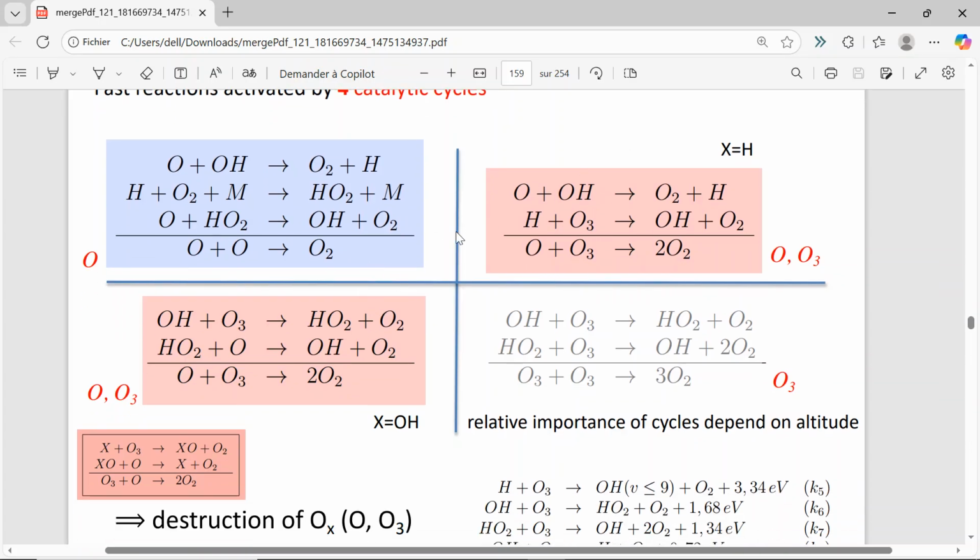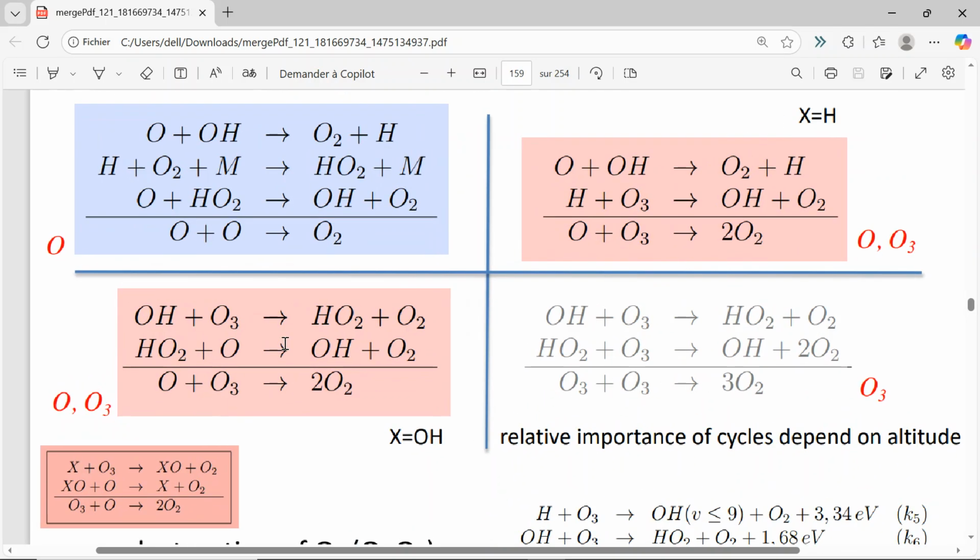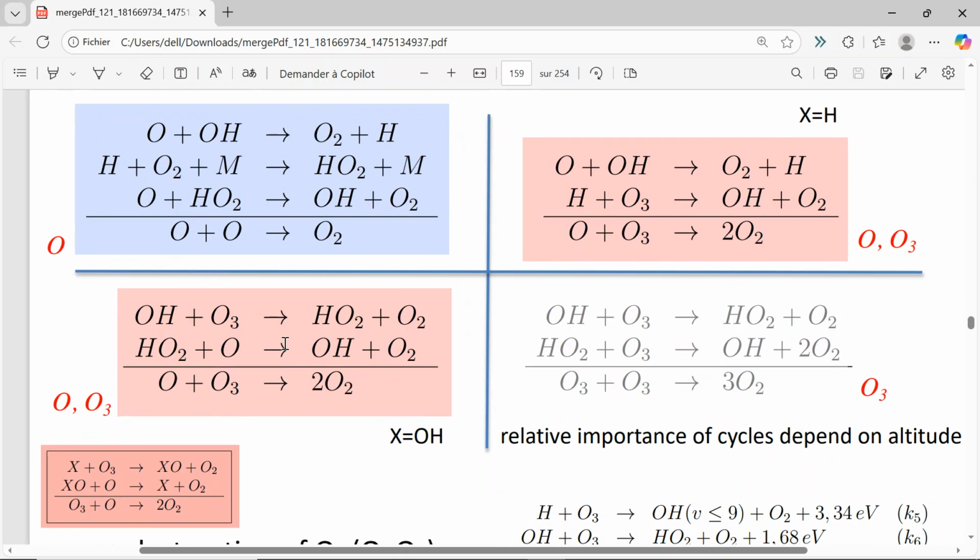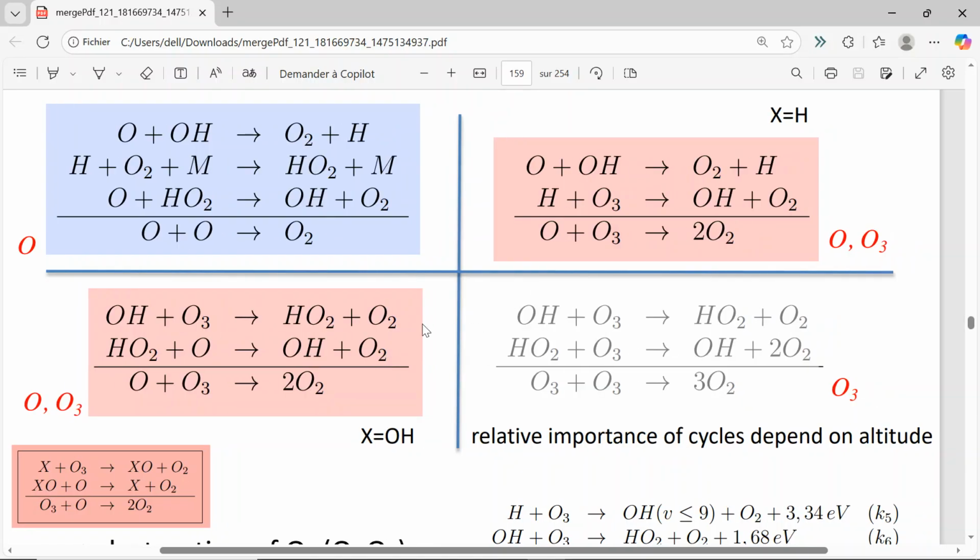This OH, there are two choices. It can react with ozone, destroying ozone, liberating HO2. HO2 reacts with atomic oxygen, liberating OH. So at the end, you have this destruction of ozone process resulting.